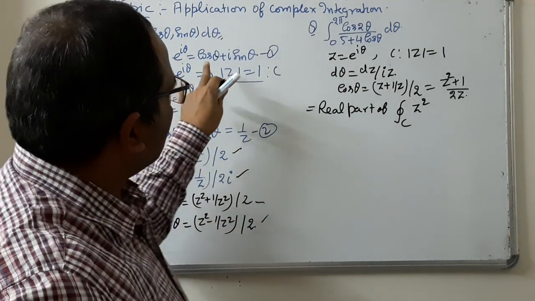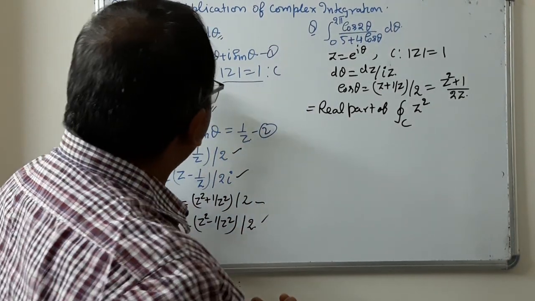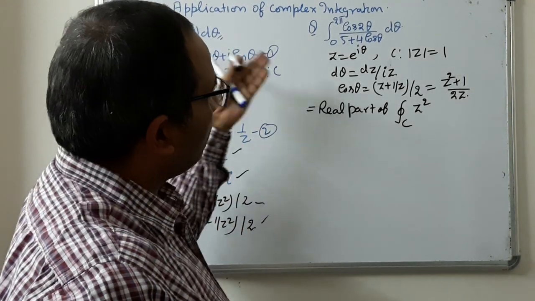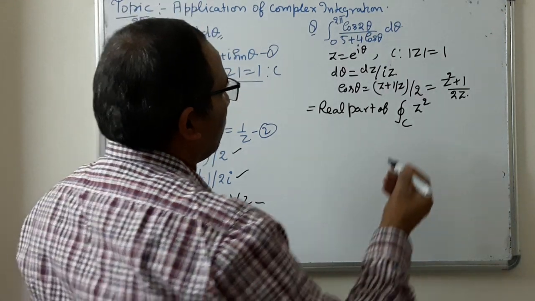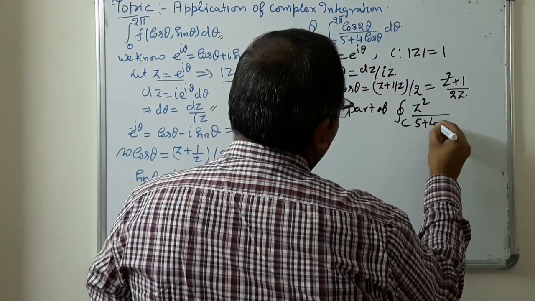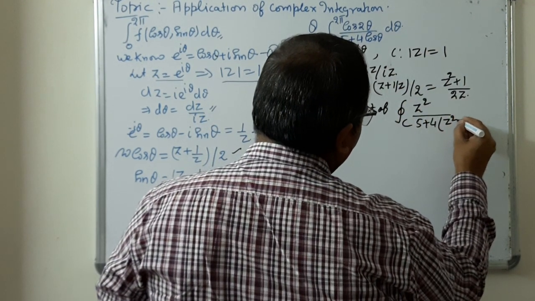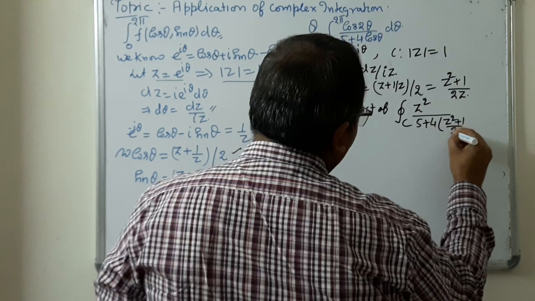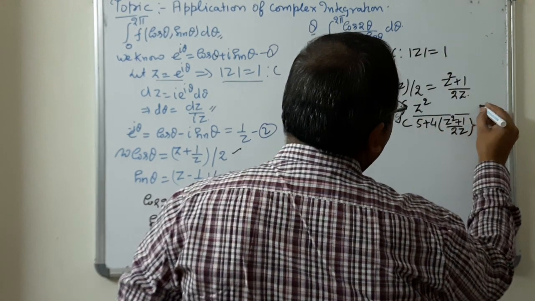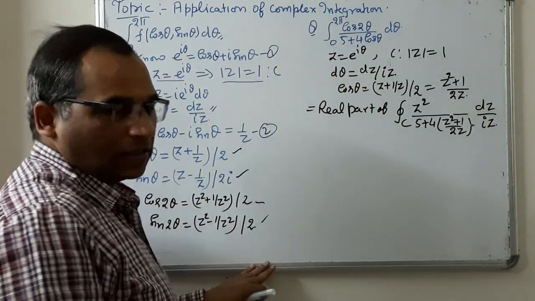And e to the power i2θ is cos 2θ plus i sin 2θ. So we can write the real part of z square, which is cos 2θ, upon 5 plus 4 cos θ. The value of cos θ is (z square plus 1) upon 2z, and the value of dθ is dz upon iz. We can write it like this.